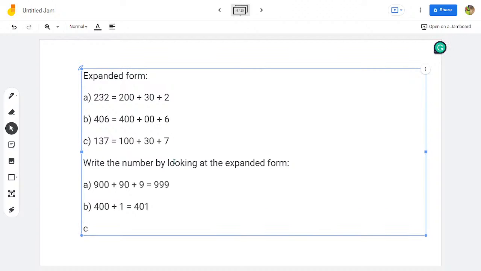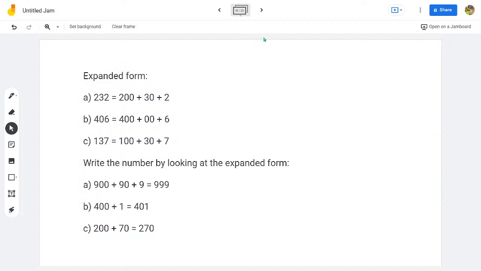If we have another number 200 add 70 add nothing, so we would write that as 270. So this is how we do such questions of writing the numbers from expanded form to the original one and from the original one to the expanded form.